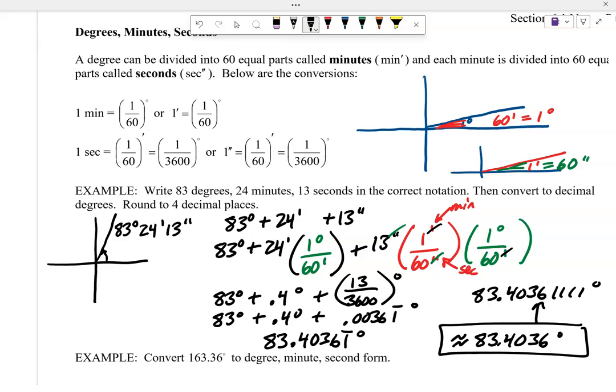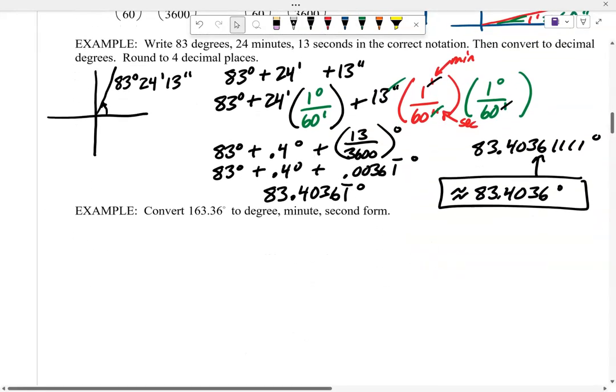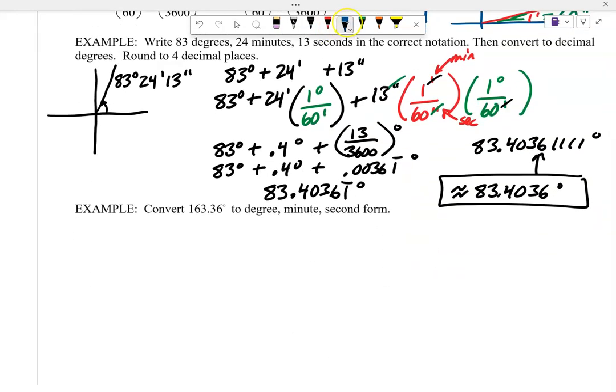All right, so let's do this next one now. Let's go from 163.36 degrees. So again, that's kind of like going back the other way, right? 163.36 degrees, and let's put that in exact form.